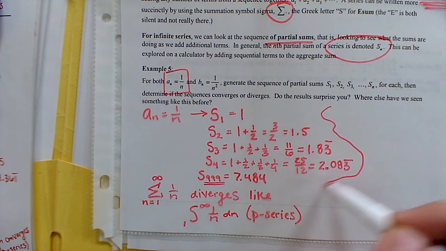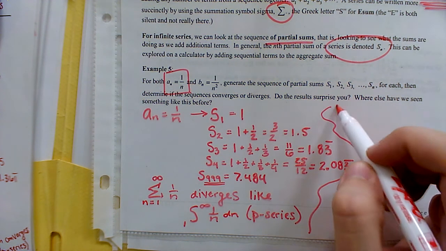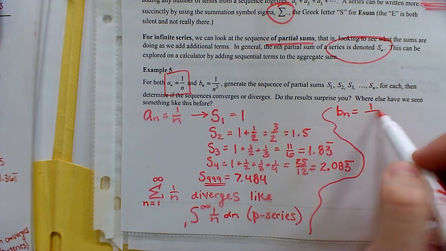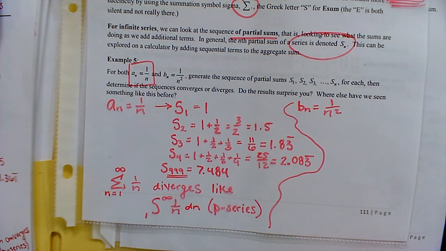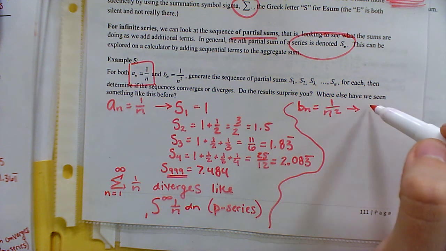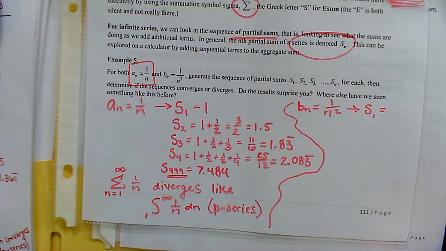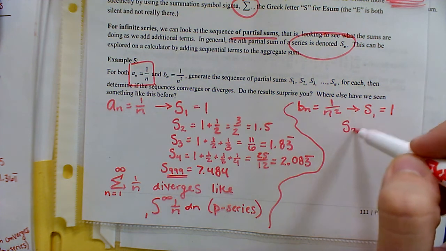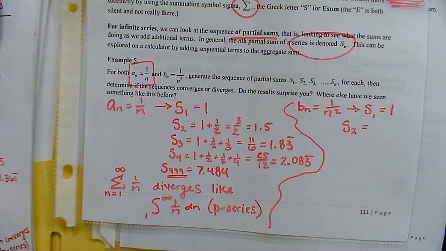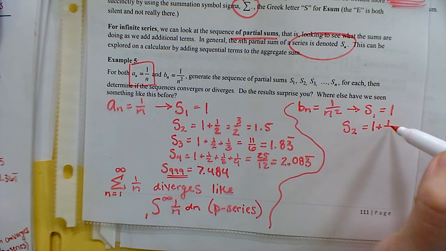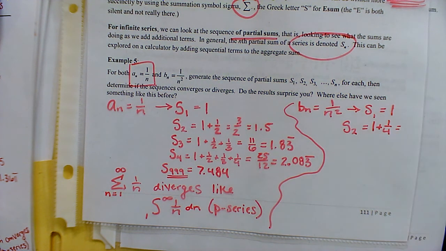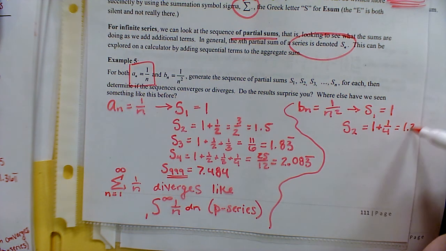Let's try the next one. Okay, this time our different rule is 1 over n squared. So our first partial sum, if we plugged in 1, would be 1. Our second partial sum, we'd have to plug in 1 and 2 and add them together. So that would be 5/4, but as a decimal you can write 1.25.